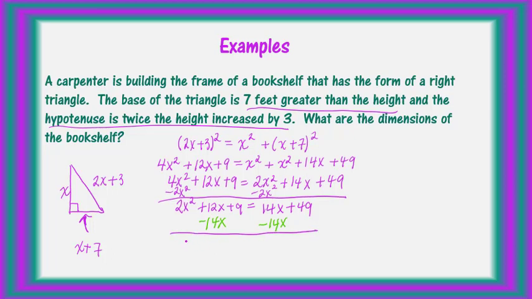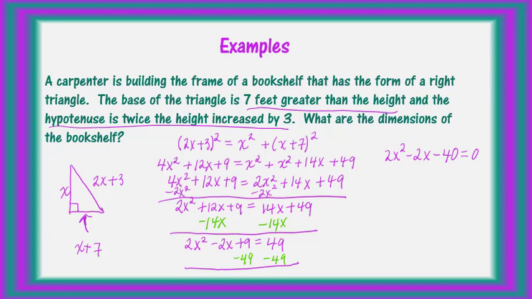That leaves me with 2x squared minus 2x plus 9 equals 49. Last step to get it into standard form is to subtract 49 from both sides, which leaves me with 2x squared minus 2x minus 40 equals 0.